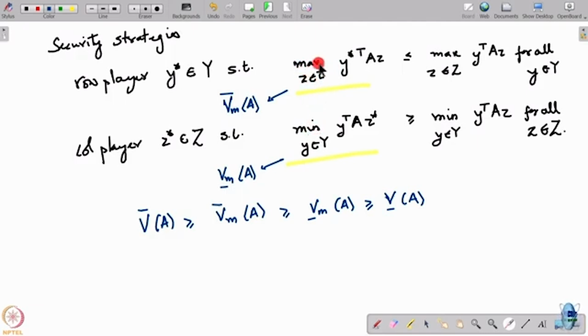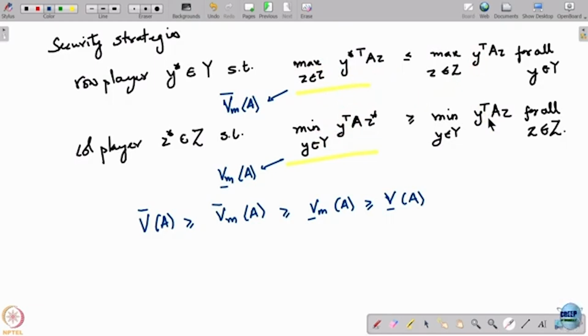All I need to do is replace the max here by a sup and the min here by an inf, then the mixed security levels will exist. But what I will show today is that the max and min, the way they are defined here, also exist, that is, the mixed security levels in this way also exist.